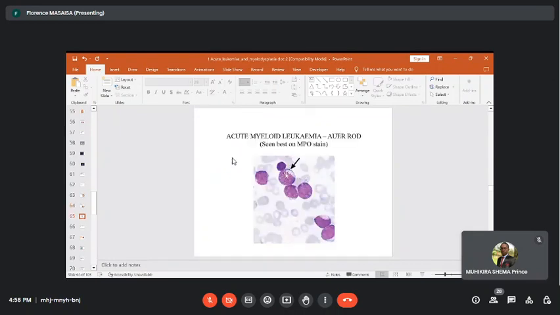Can you see the line in red here in the cytoplasm with the arrow? Can you see it? Yes. So that one we call Auer rod. It's best seen in myeloperoxidase stain, but also when you see it, you confirm that you are dealing with acute myeloblastic leukemia.